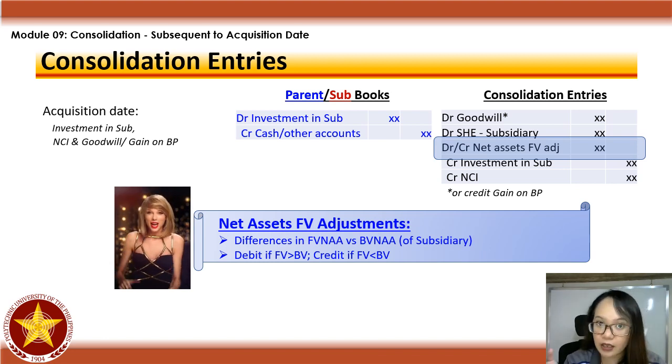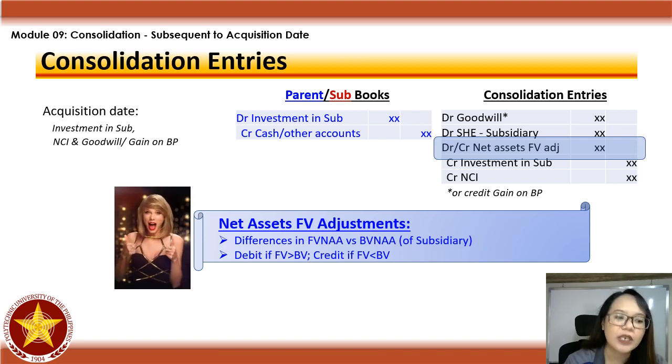So, to adjust it, to prepare for the consolidation, the difference between the fair value and the book value of the net assets of the subsidiary as of acquisition date, you record as a consolidation entry. So, if the fair value is higher than book value, that will be a debit. Whatever accounts those are, you enumerate them; it can be inventory, PPE, investment property, and so on. Credit if the fair value is lower than your book value.